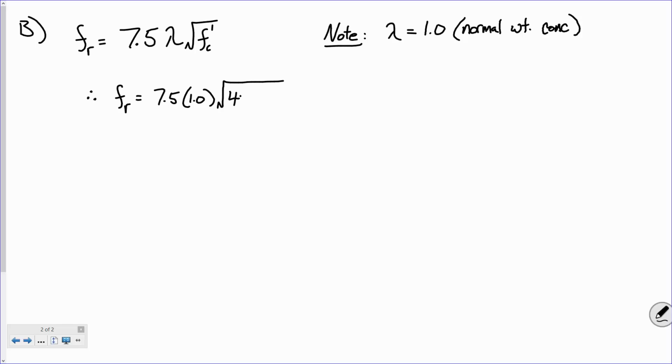We plug in 4,000 psi, and our answer will come out whatever it is in psi. Hence why in that previous problem I wanted to operate in psi, part A.